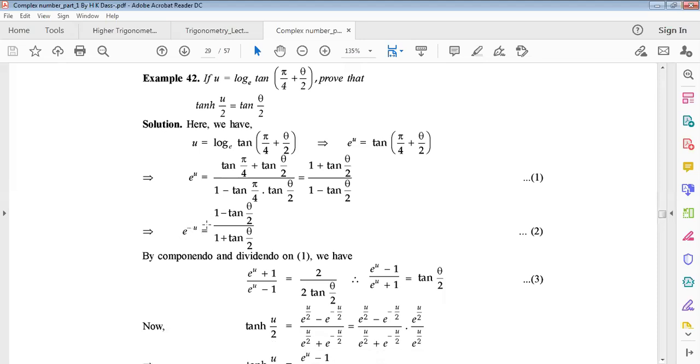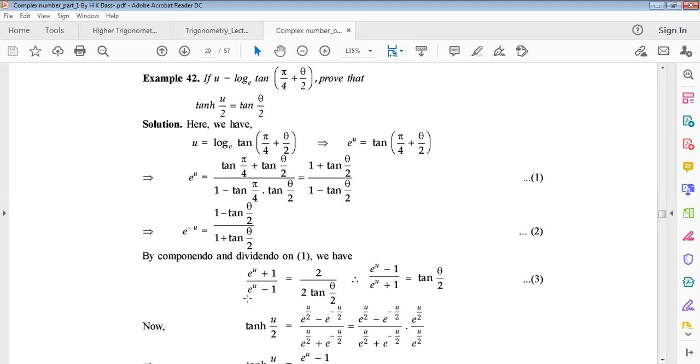Then e to the power minus u means taking the inverse. Just inverting this fraction, we get e to the power minus u equals 1 minus tan theta by 2 over 1 plus tan theta by 2. Now by componendo dividendo we get e to the power of 1.